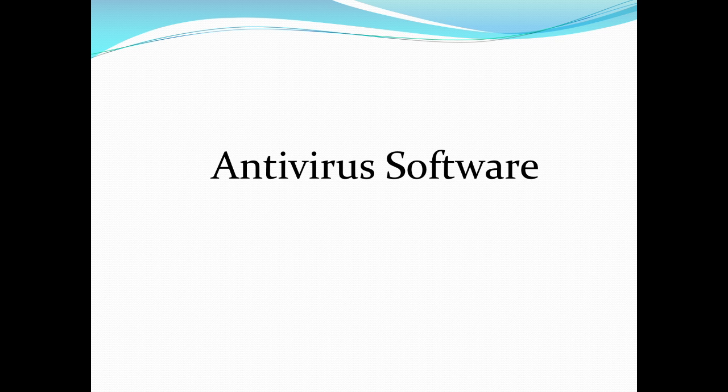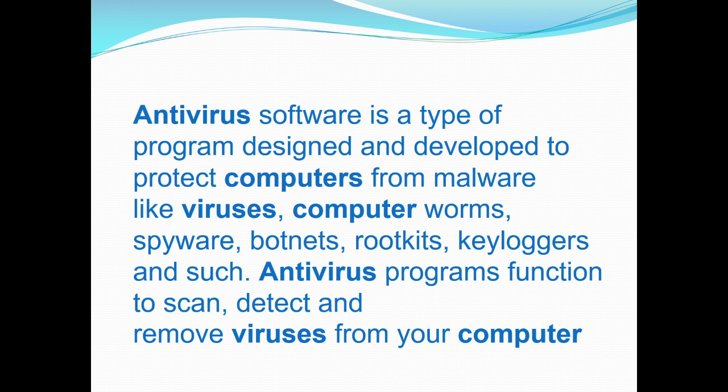Next is antivirus software. Antivirus software is a type of program designed and developed to protect computers from malware like viruses, computer worms, spyware, botnets, rootkits, keyloggers, and so on. An antivirus program's function is to scan, detect, and remove viruses from your computer.